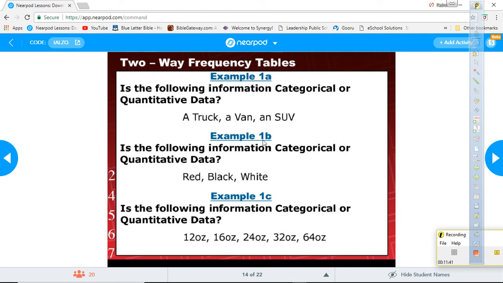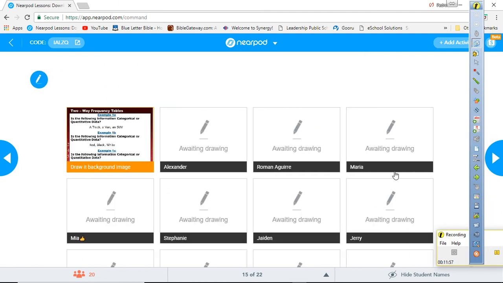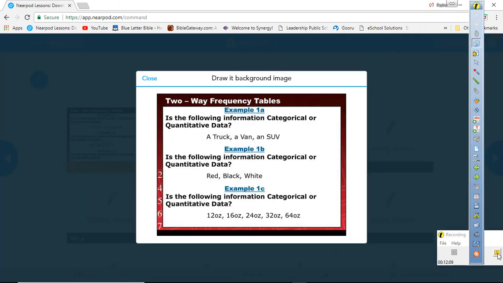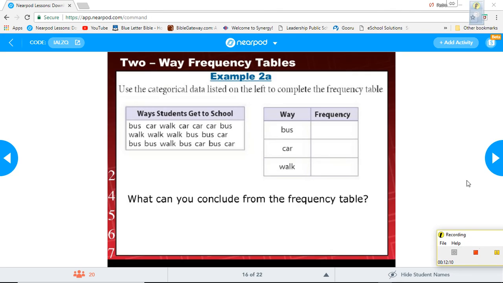Look at example 1B. Is the following information categorical or quantitative? Same thing for C. So I'm going to forward the screen. I want you to circle the type of data for each of those and then press send. Ready, go. All right, let's move on.